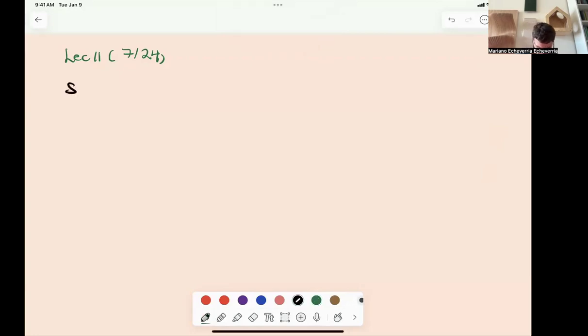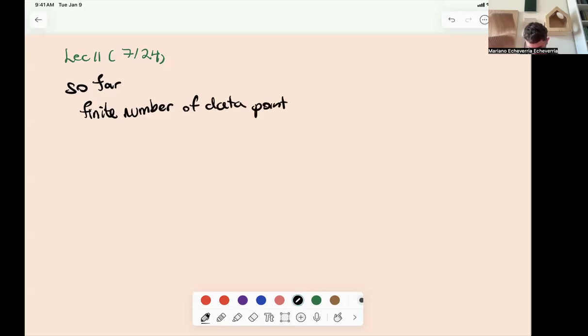Okay. So far, as I was saying, we had a finite number of data points, and we use polynomials to interpolate this data in some way, right?